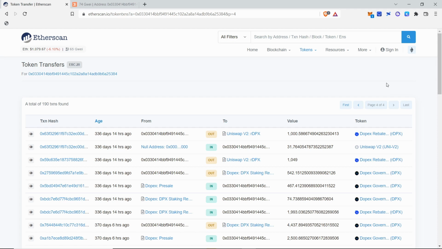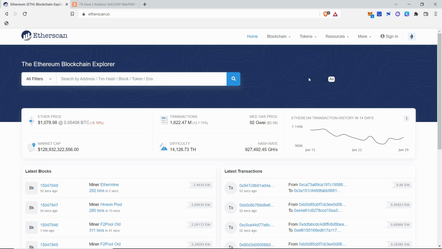So if you're doing this manual method, it's also worth it to look at some smaller ones that got in early, because it's often the smaller ones that have more alpha and more insights than the larger ones, but it is more difficult to find them. And that's it. That's how you track whale wallets with Etherscan.